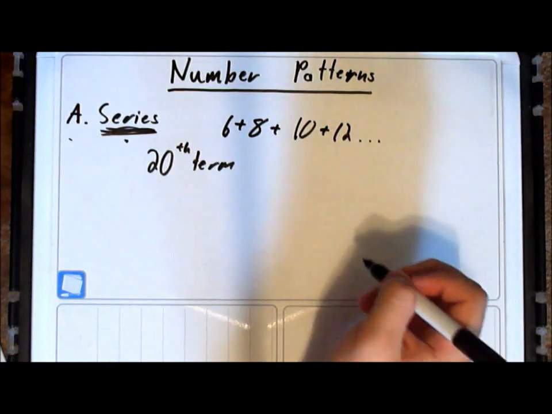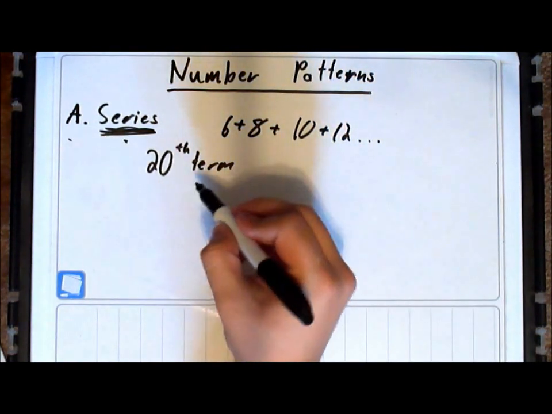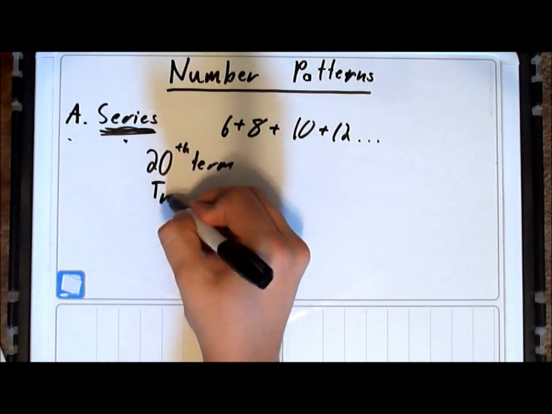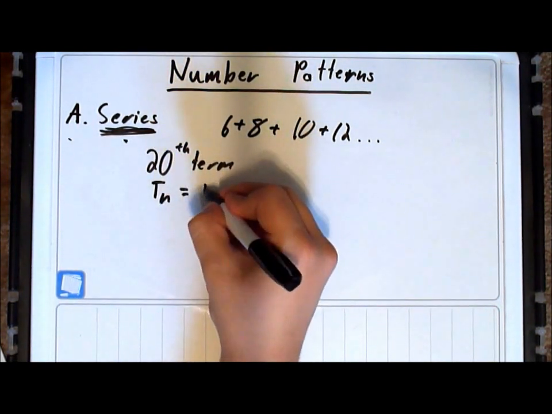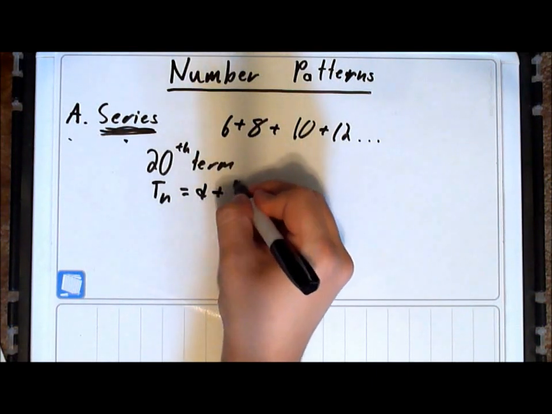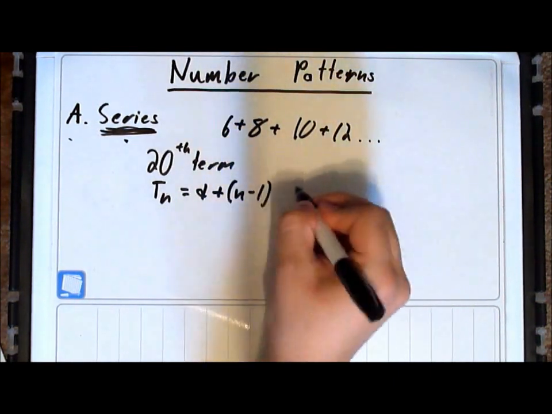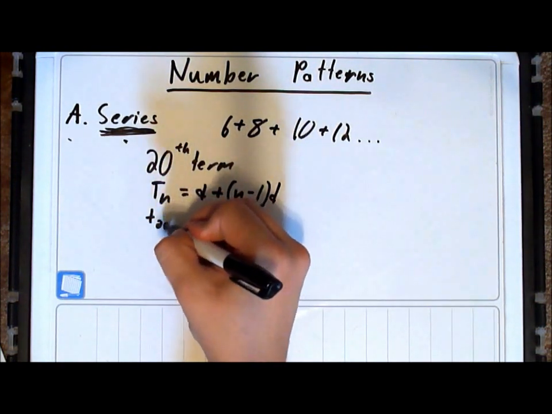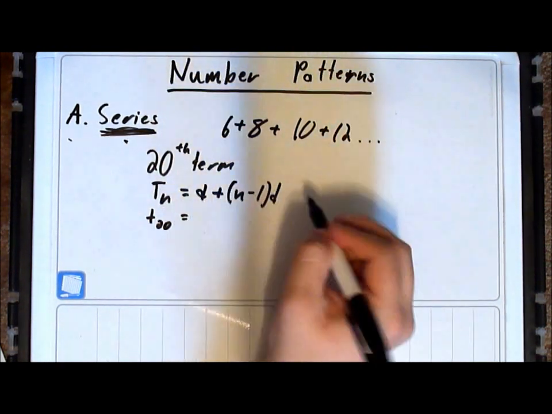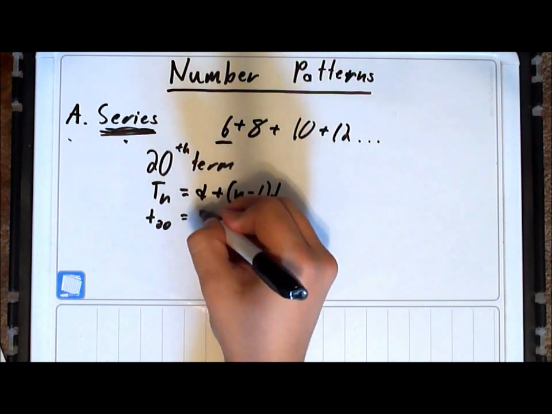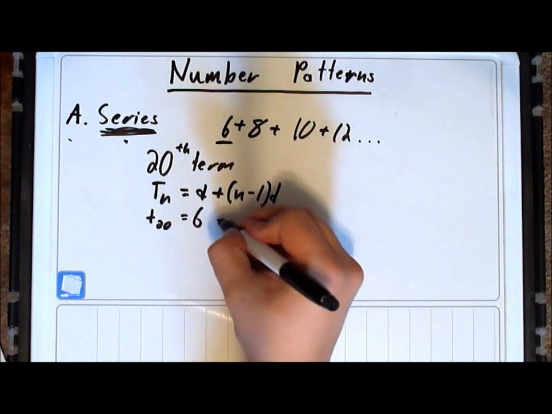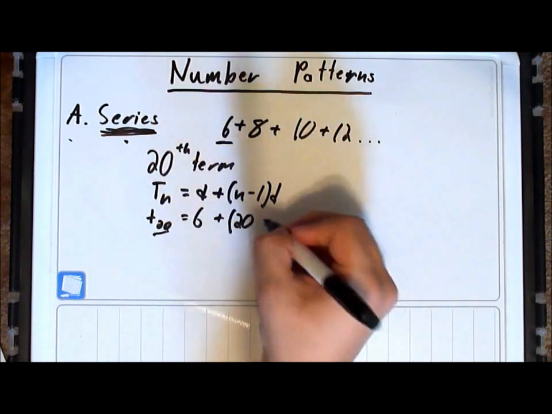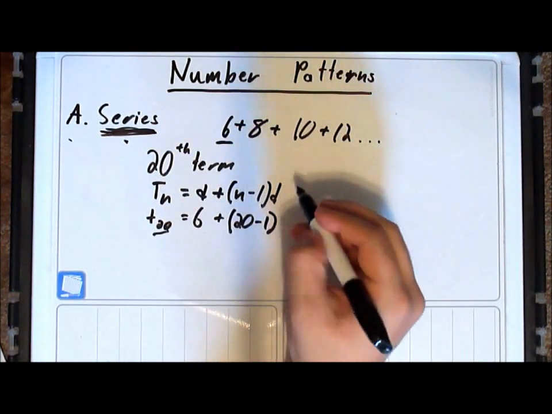Anyways, what we need to do first is figure out what the 20th term is in terms of a number. So we go Tn equals a plus n minus 1 times d. So T at 20 equals your first term, a, which is 6, plus n minus 1, so 20 minus 1, times your d.